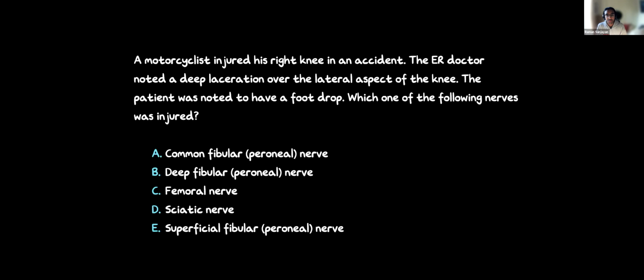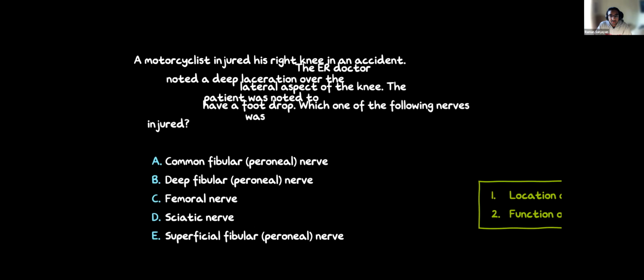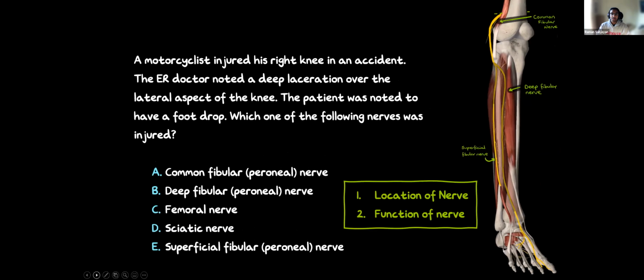I mean, you could memorize this, but if you have a good understanding of the pathway of the nerves and the function of the nerve, then you'll be able to piece this together a lot easier. I'll give it a second. Basically, first thing, understanding the location, and then obviously understanding the function.